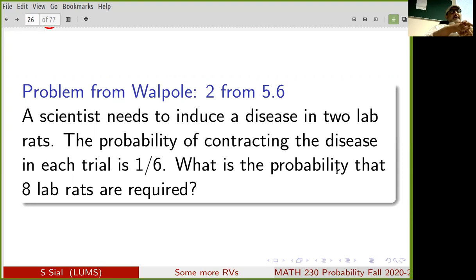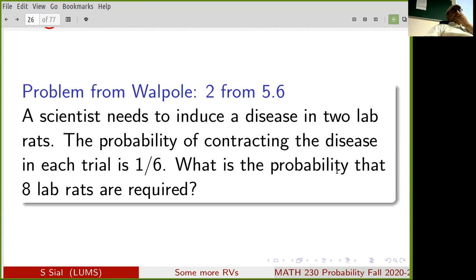And you could have something where 8 lab rats are required. What that means is that in 7 trials, you got 1 success, and then on the eighth trial, the 8th rat, you got your 2nd success, and now you can stop. Okay.